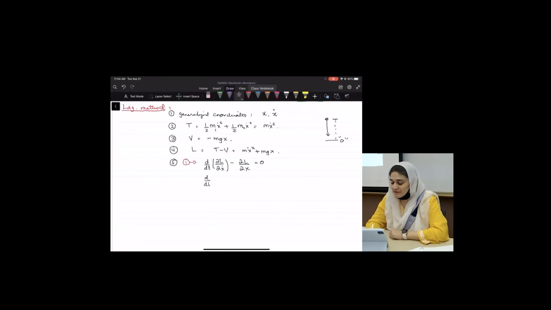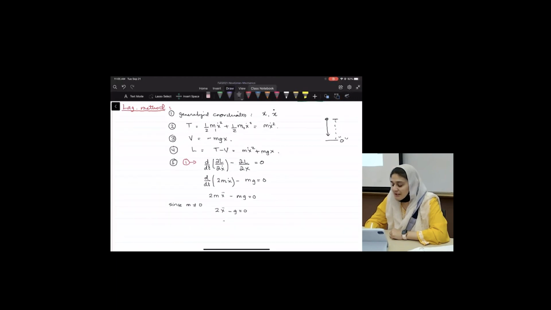For a second. That is a 2 there. So just watch. Since m cannot be 0, the rest of the equation must be.